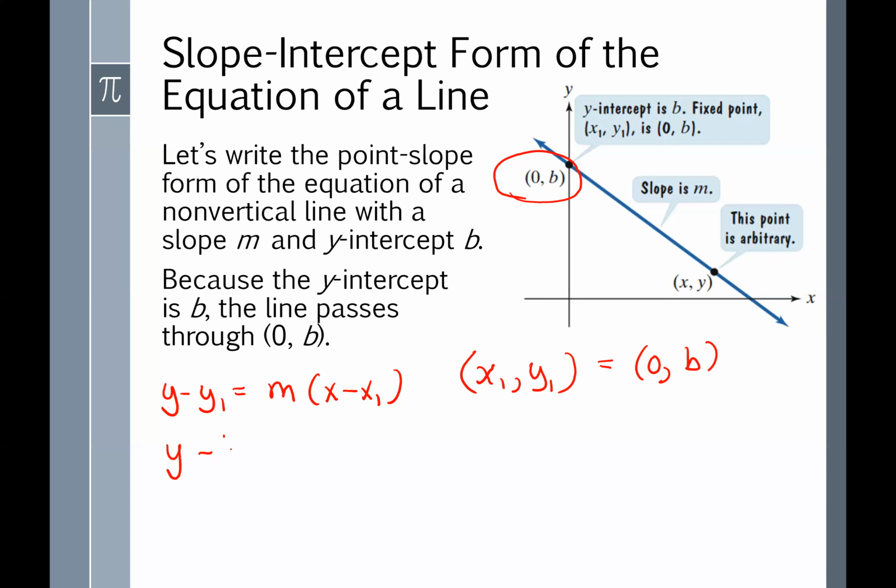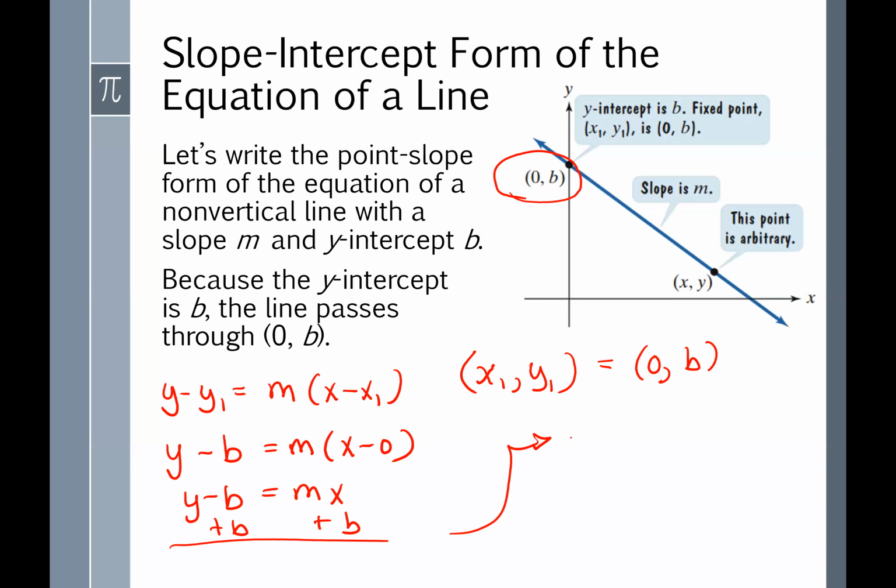So I'm going to plug that in. x minus 0 is just x. Now I'm going to move the minus b over to the right-hand side of the equation by adding it to both sides. And we get slope intercept form, y = mx + b. This is slope intercept.